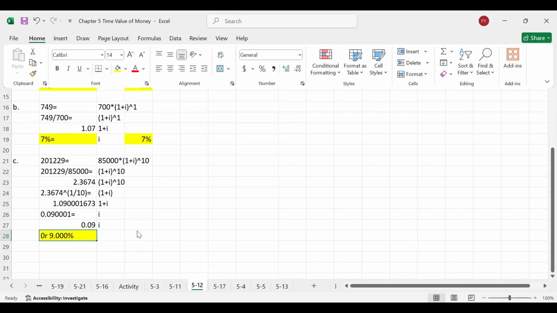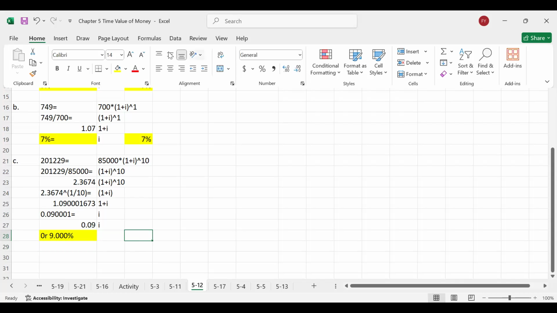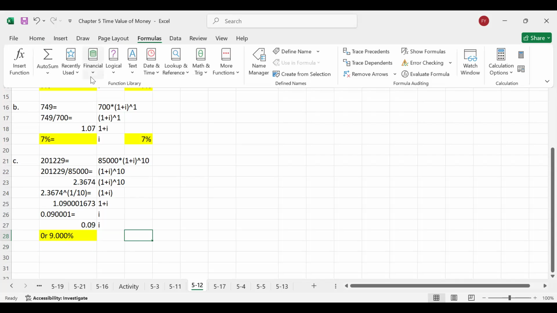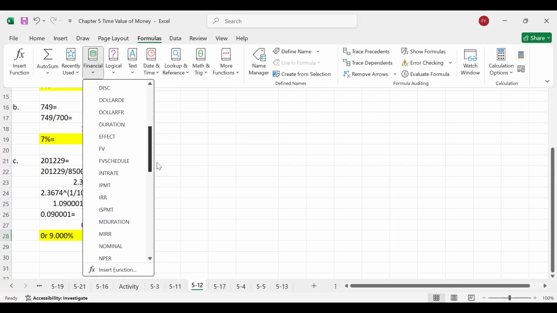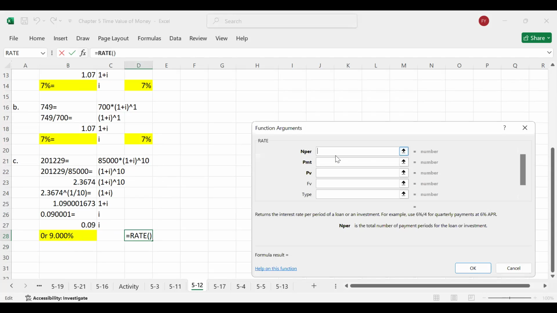We can solve it with the help of Excel sheet formula also. In order to confirm the answer, you can see here we have formulas, and we have financial, and we are calculating interest rates. So time period is 10 years, payment is not given, whereas present value, what we have right now, is 85,000, and what we are expecting in the future is 201,229.